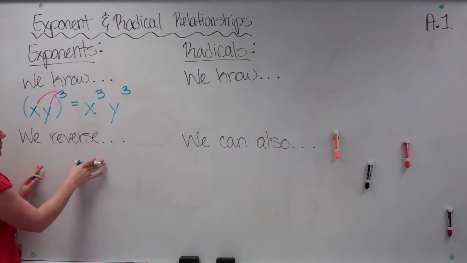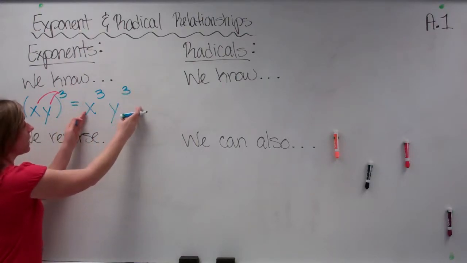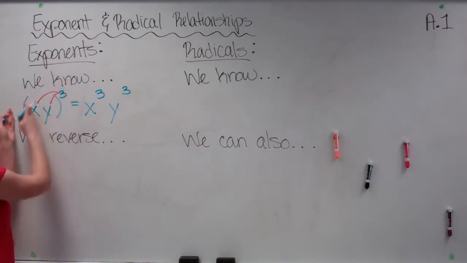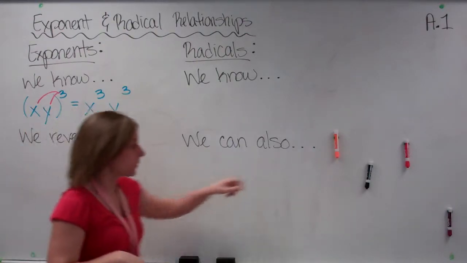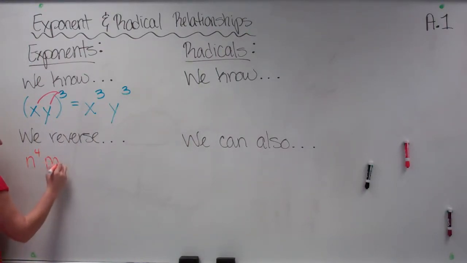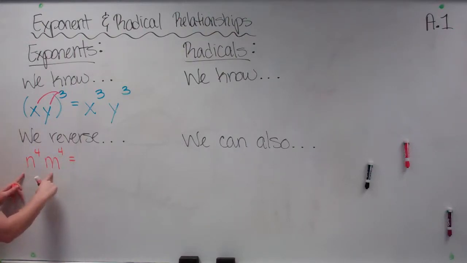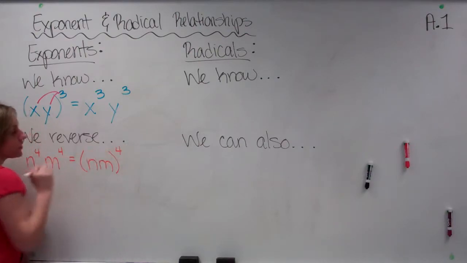So then what I want you to realize is that you could actually be given this end and realize that, oh, I can rewrite it this way, so I can actually multiply them. So for example, if we reverse it, if I've got n to the fourth times m to the fourth, well, that's really just n times m, and they're all to the fourth power.